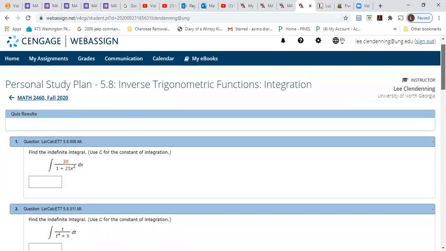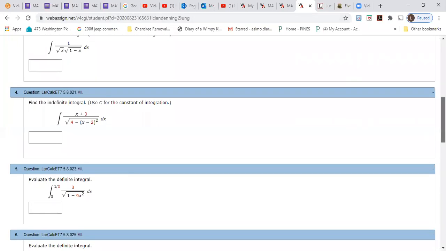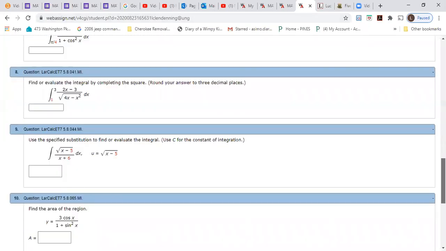I have got 5.8 up. So we asked for 1, 2, 3, 4, and number 9.